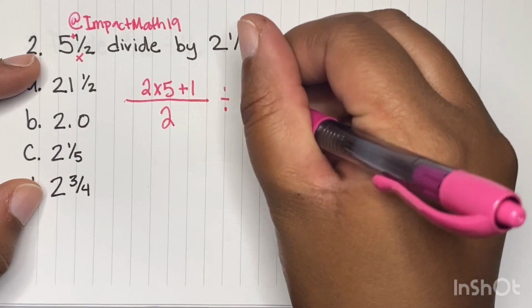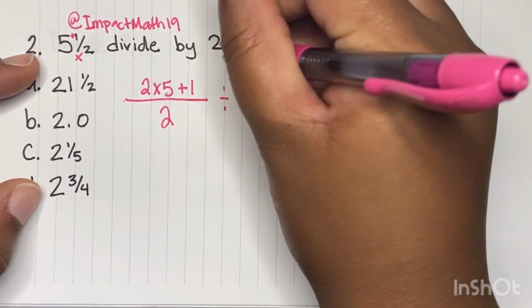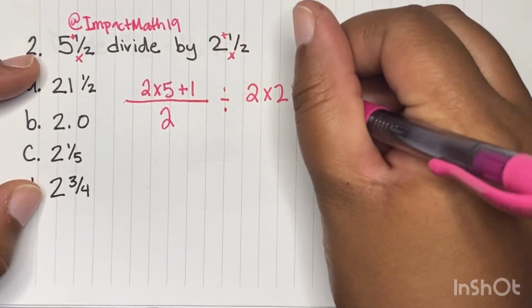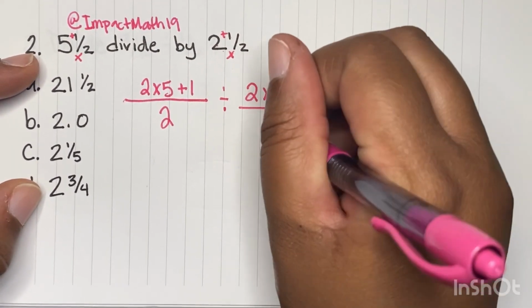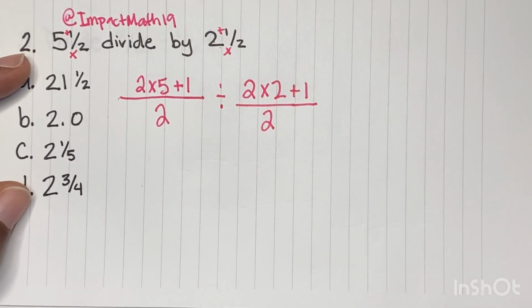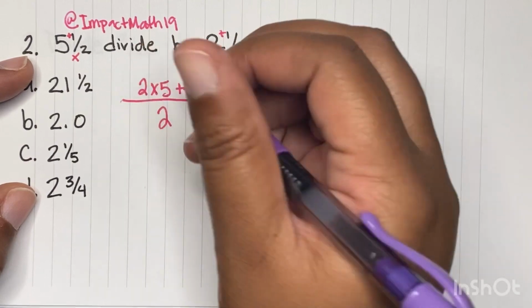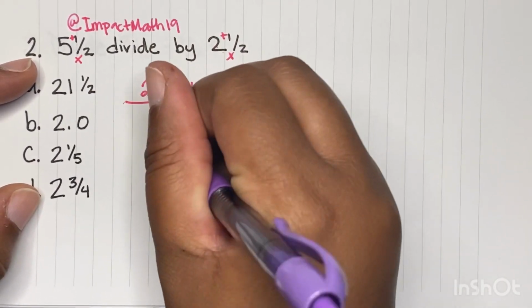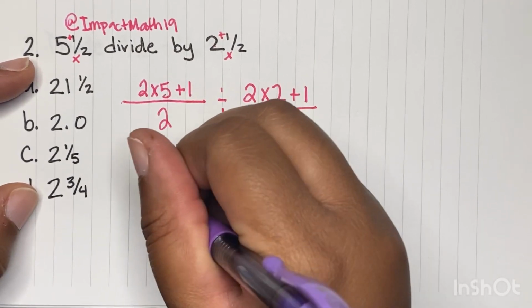So we do 2 times 2, plus the numerator, which is 1, all over 2. All right, so 2 times 5 gives us 10, plus 1. And 10 plus 1 gives us 11 over 2.